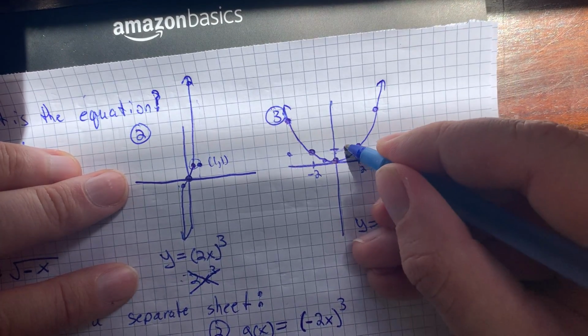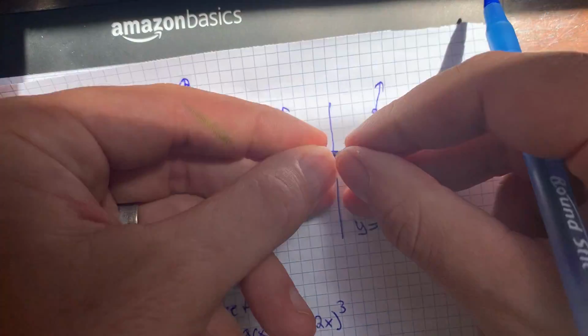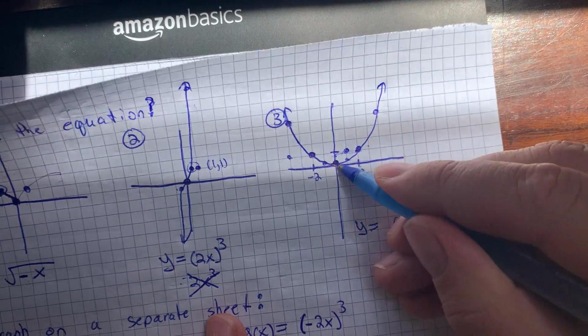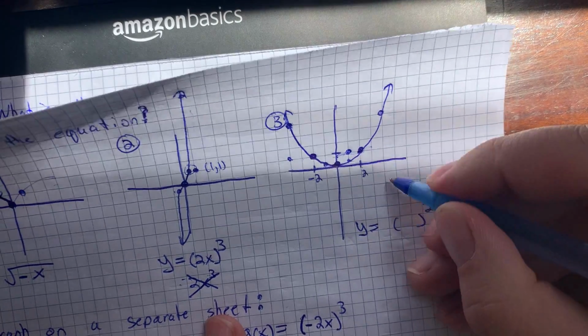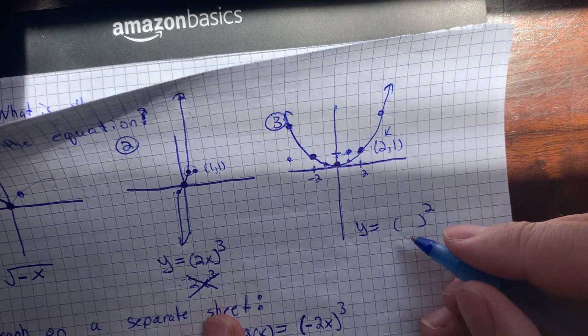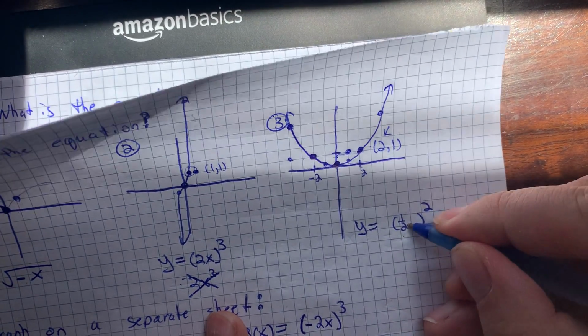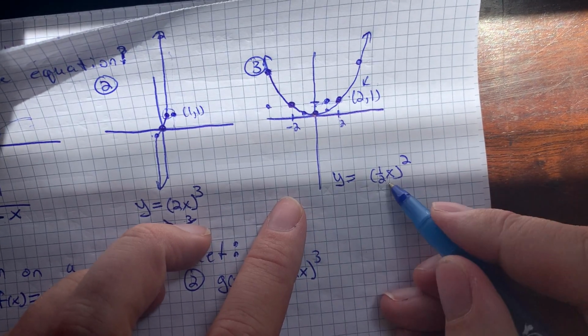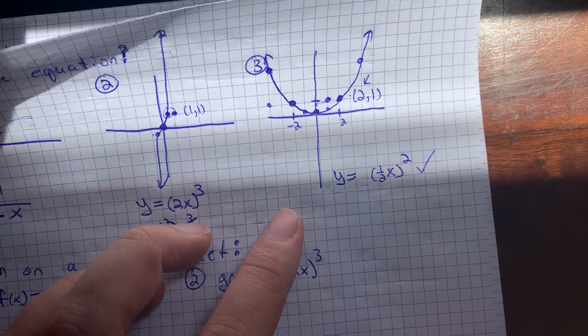So instead of having a point at 1, 1, it was horizontally stretched by a factor of 2. This point is 2 times further away than normal. So instead of being at 1, 1, this point is at 2, 1. So the x got multiplied by 2. And it's backwards on the inside because anything that's happening on the inside of the function always ends up backwards. So y equals 1/2 x squared is correct.